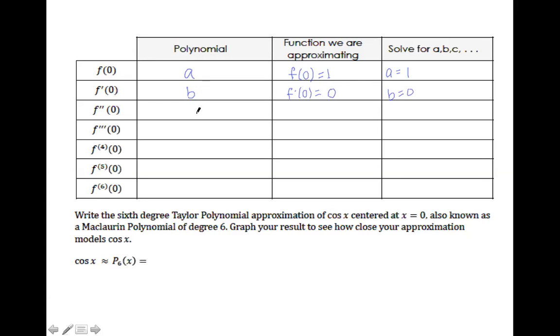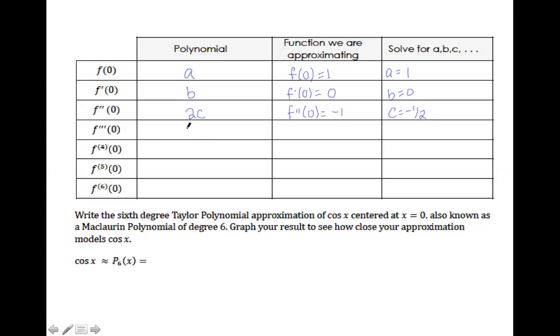Okay, for our c function, remember our second derivative was 2c. So second derivative at 0 of our cosine function, when we get down to that one was negative 1, if you remember, because it's negative cosine. We have already solved this one before, so we have c equals negative 1/2. So far these are all ones we've done before in the previous steps.